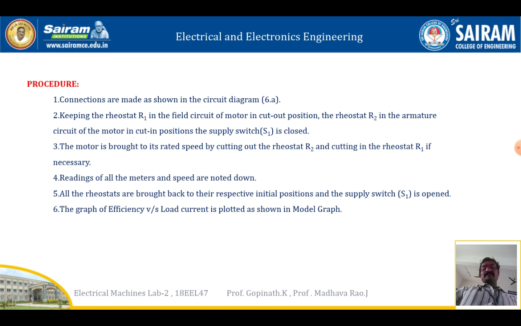To get the rated speed, we have to vary the rheostats of the field as well as the armature. Readings of all the meters and the speed are noted down. All the rheostats are brought back to home position and switch S1 is opened. The graph of efficiency versus load current is plotted.